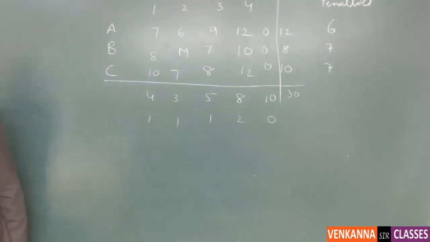Penalties are the difference between the smallest and the next smallest. We are applying the VAM method to calculate it.